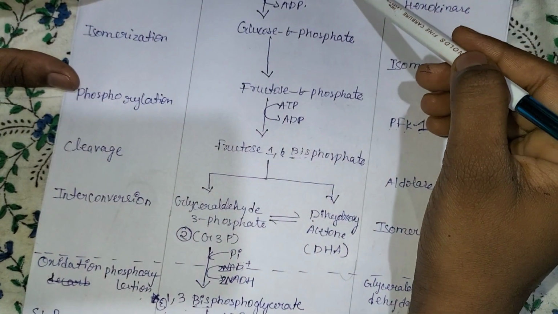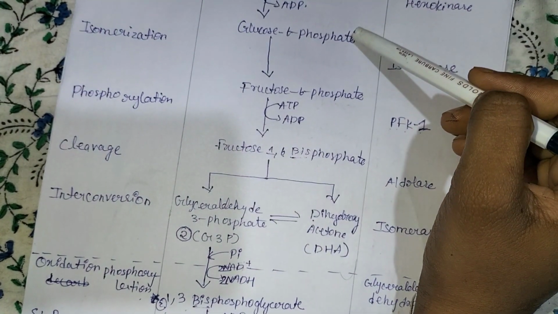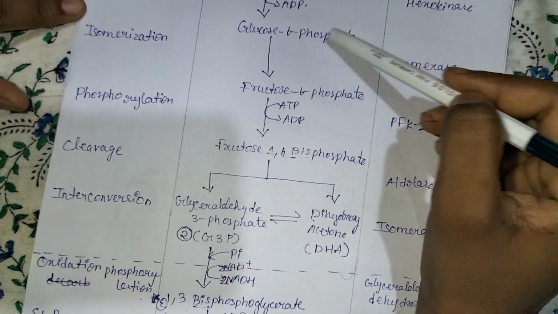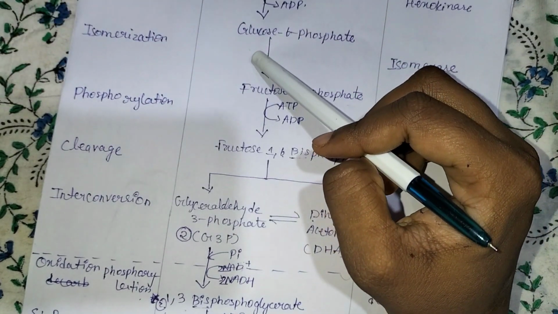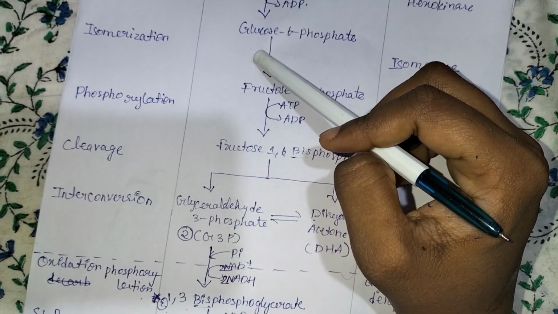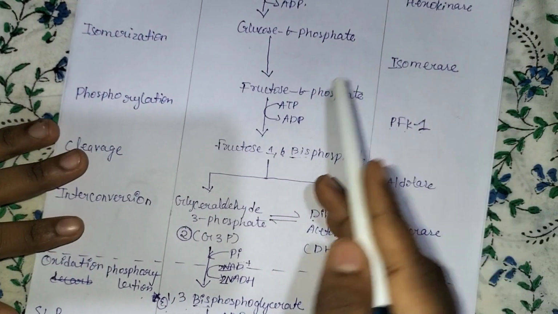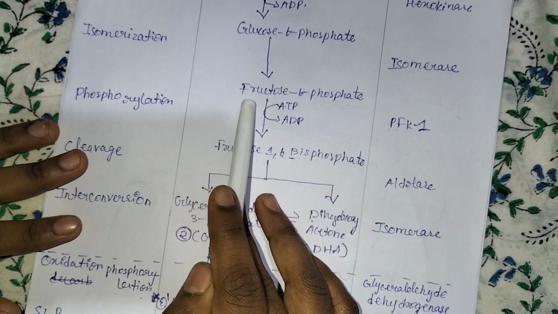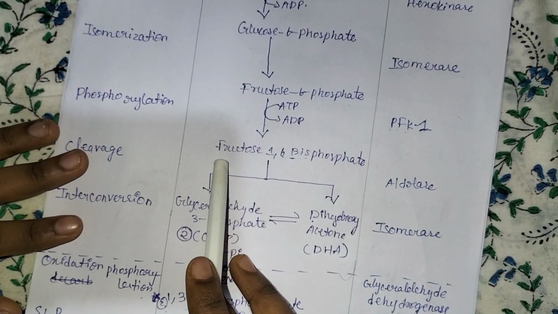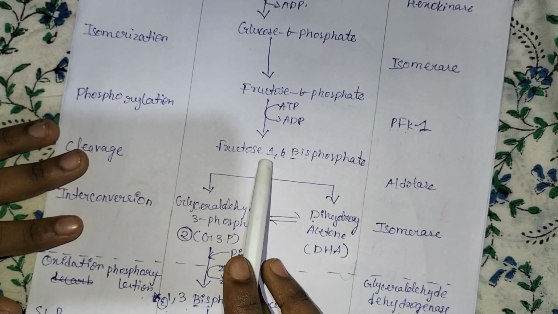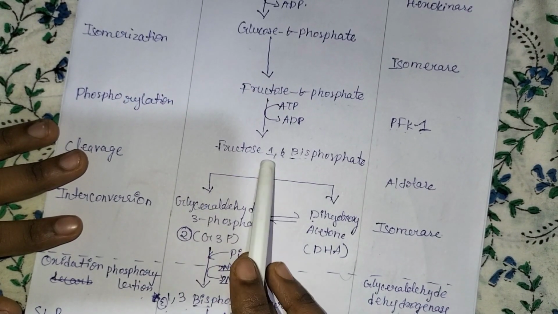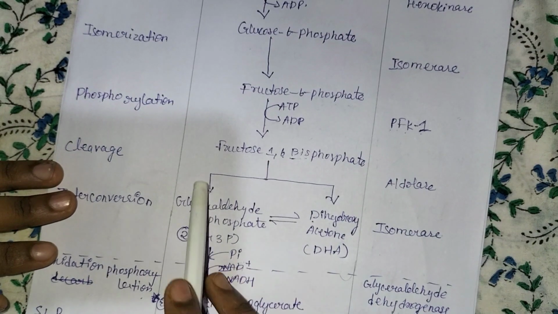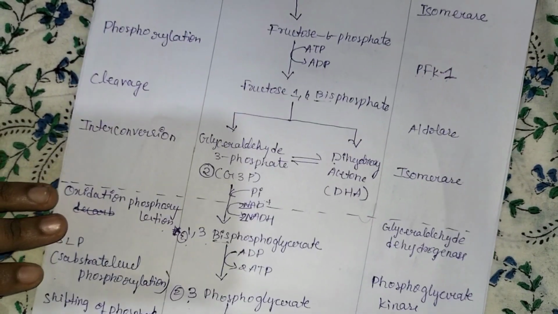See, to glucose, at the 6th position we are adding phosphate, so it becomes glucose 6 phosphate. Next, glucose 6 phosphate is converted into fructose 6 phosphate, and to fructose, at the first position we are adding phosphate, becoming fructose 1,6 bisphosphate. It is cleaved, and we'll get G3P.